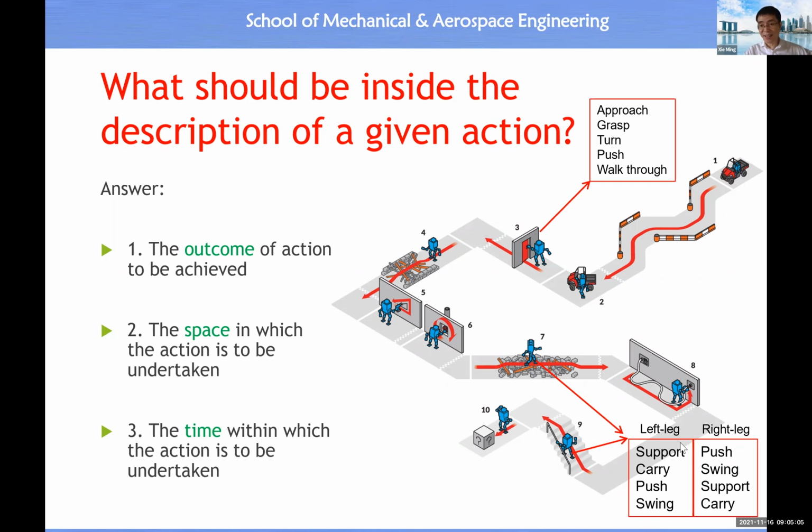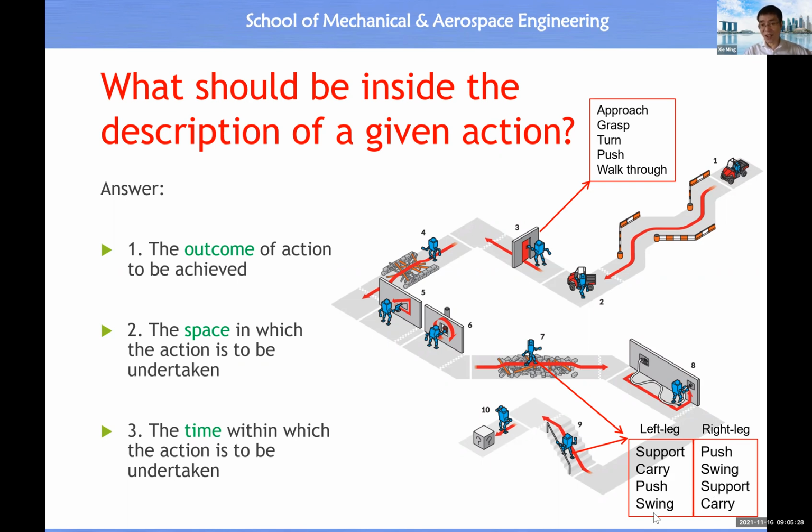If the left leg undertakes the action of support, then the right leg will undertake the action of push. When the left leg undertakes the action of carry, the right leg will undertake the action of swing. When the left leg undertakes the action of push, then the right leg will undertake the action of support.